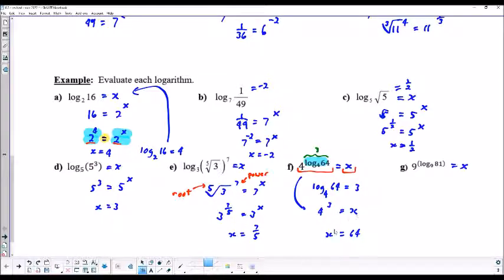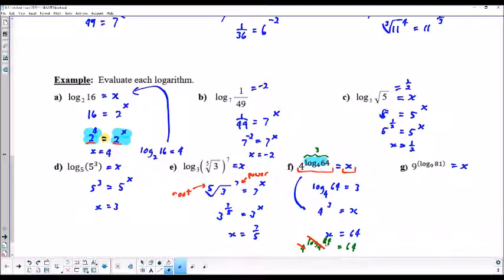4 cubed is 64. Therefore, x is 64, which means that 4 to the exponent log of 64 to the base 4 equals 64, which then tells me that this part, the 4 and the log of 4, basically cancel.